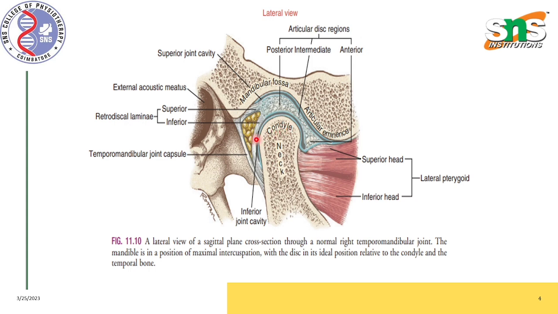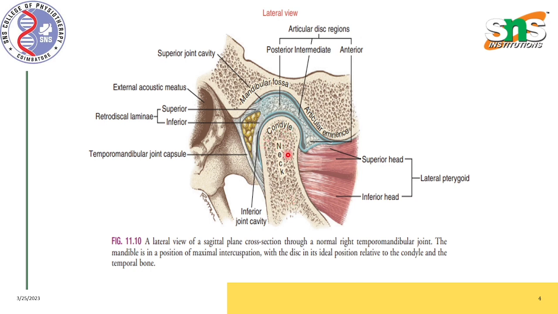So this is the sagittal plane cross section of a right temporomandibular joint. The mandible is in a position of maximal intercuspation with the disc in its ideal position relative to the condyle and the temporal bone. So you can see here the articular eminence, the mandibular fossa, and the condyle and neck of the mandible.